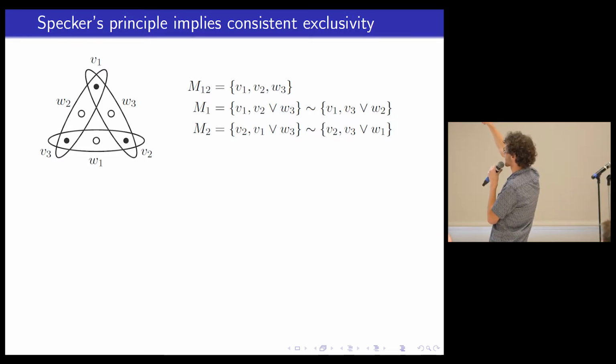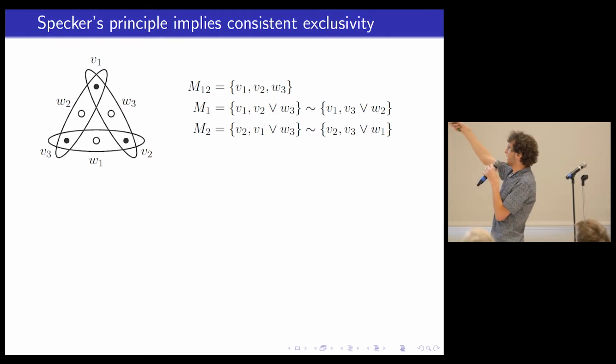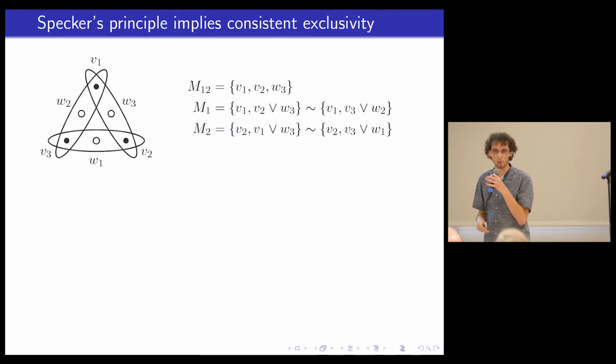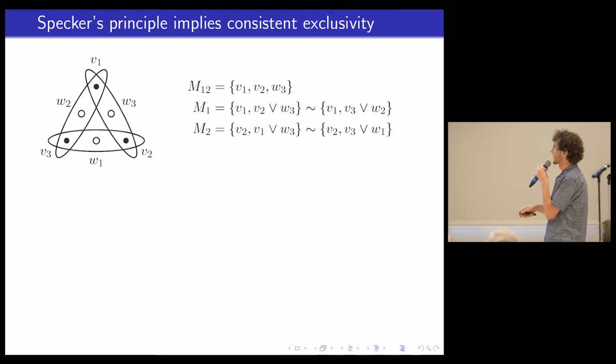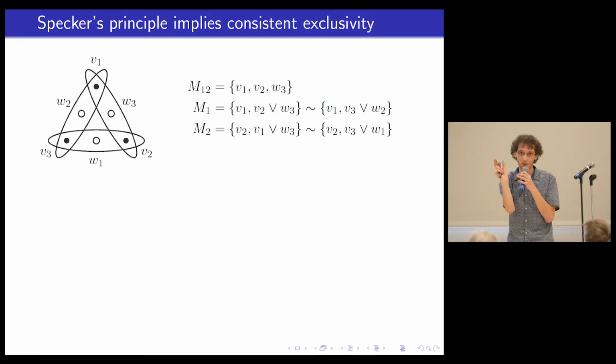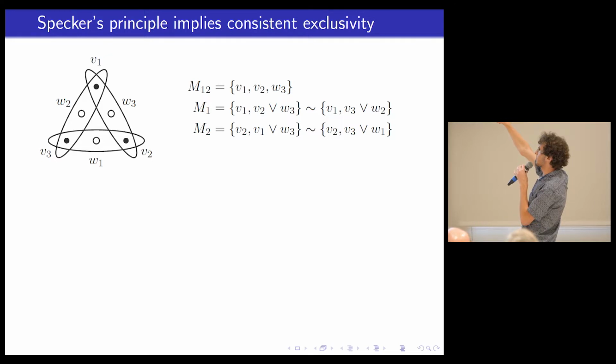There's M12, which is basically this top right one. It has outcomes V1, V2, and W3. And similarly for the top left and the bottom one, there's M13 and M23. Once we have these, we can coarse grain those outcomes and get new measurements. So there's a measurement M1, which occurs if we coarse grain, for example, V2 and W3.